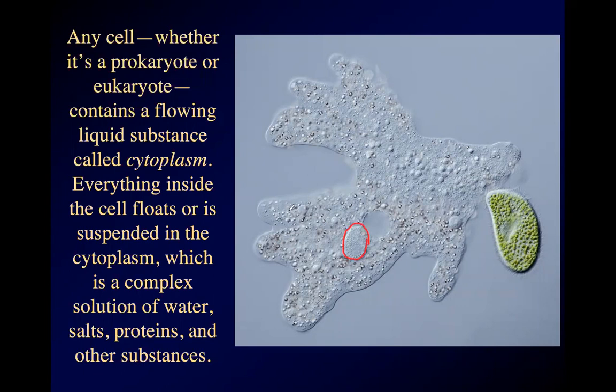And they're all floating inside a complex solution of water, salts, proteins, lots of other stuff. The liquid goo inside a cell, that is cytoplasm. Cyto, by the way, is Greek for a cell. I think it actually means a box.